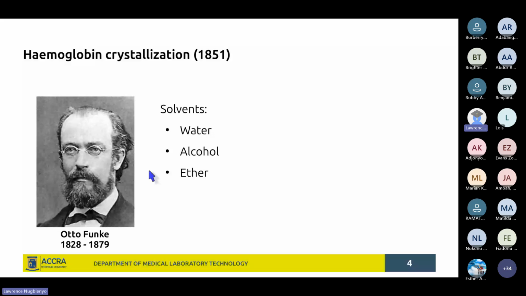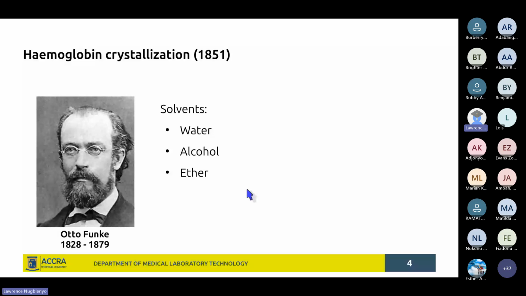So from blood, he was able to mix blood with different solvents such as water, alcohol, petroleum ether, and from that mixture, he was able to carefully, with slow evaporation, have a crystallization of hemoglobin. So for the first time, that was a breakthrough to be able to do such a separation. You separate the hemoglobin molecule from blood.